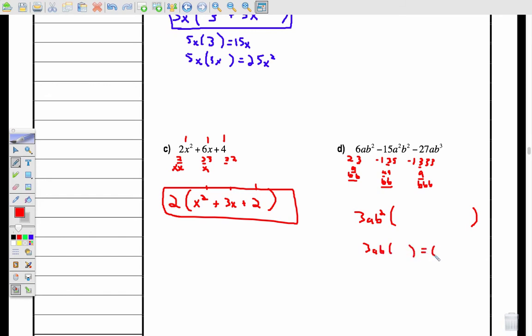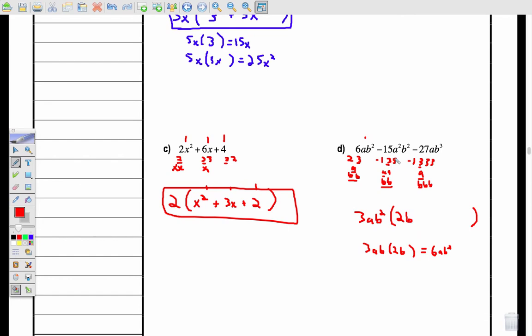So we have 3AB squared times something equals 6, this first term right here, equals 6AB squared. Well, 3 times 2 gives me 6. A times A is good. B times B, so we need a B to give me B squared.